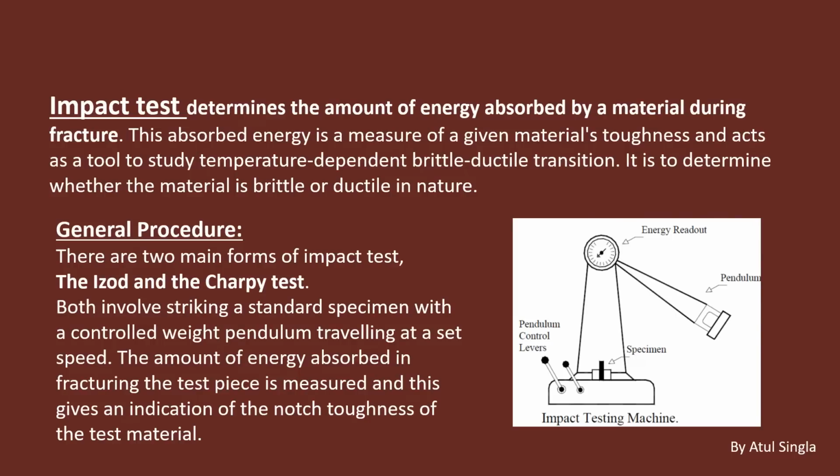Impact test is a very popular destructive test which is generally used to identify the amount of energy absorbed by a material during fracture. If you look at this picture, this is a specimen which will be hit by a pendulum, so we can measure how much energy it has absorbed before it fractures. We use this type of testing to check the energy absorbed by a material at very low temperature.